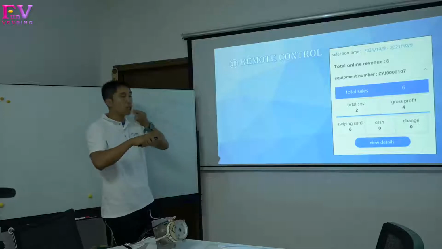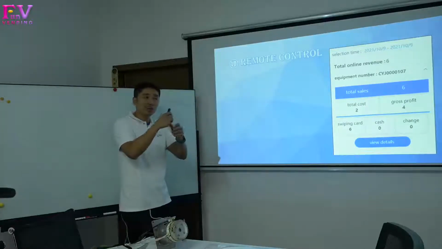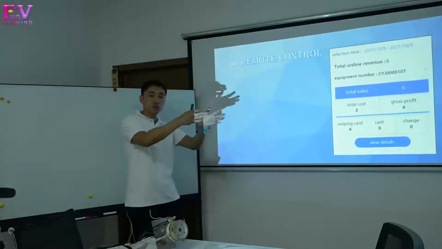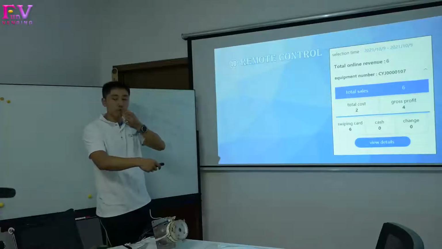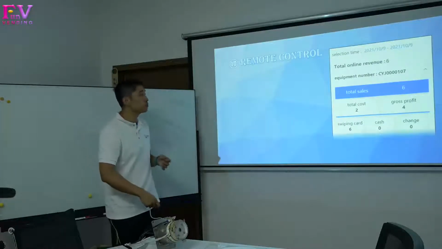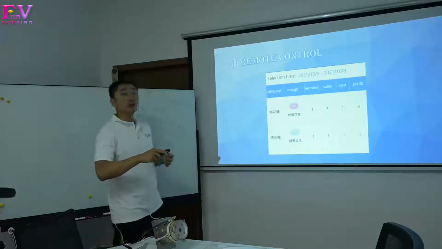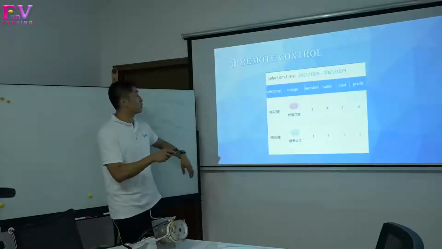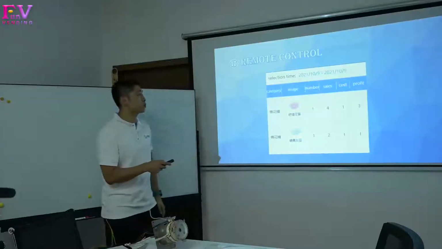You can see the revenues, but the actual revenue you can see when you buy the machine and put it in your location to run it. Okay, so here we do have some categories: image, number, sales, cost, profit.